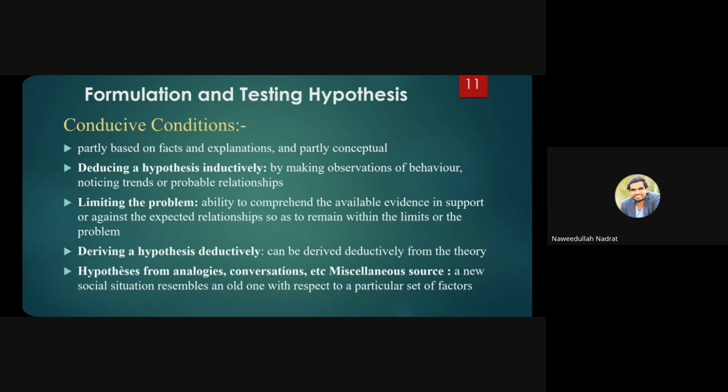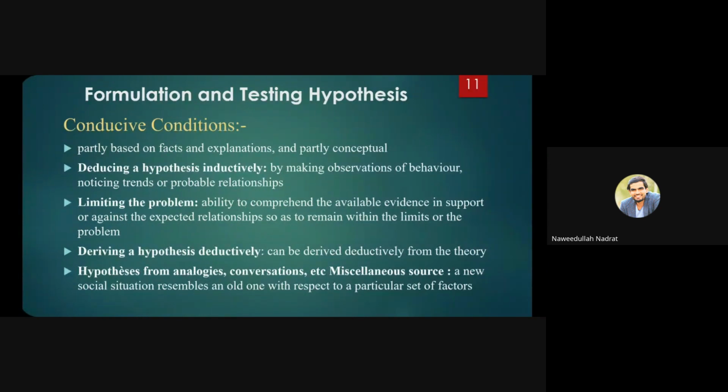Number one, to support the relationship that we have anticipated in our hypothesis, or against that anticipated relationship. It can be right, it can be wrong, it can be true, it can be false, but one has to be very clear-cut about comprehending this available evidence.